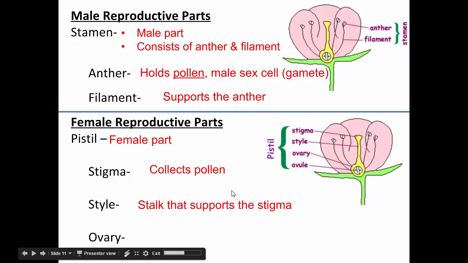And then the ovary down at the bottom, what do you think it contains, the ovary? Yeah, basically the egg, the ovule, we call them in plants. They're found in that ovary.